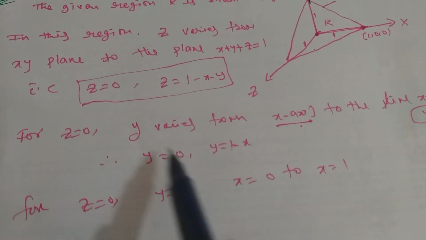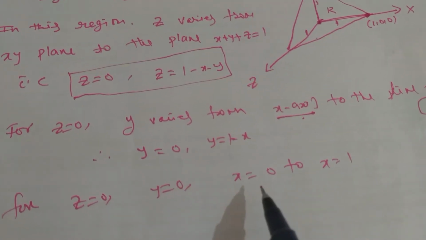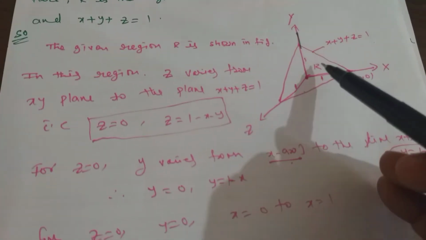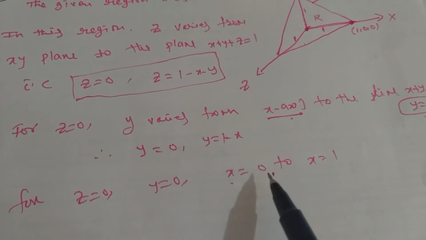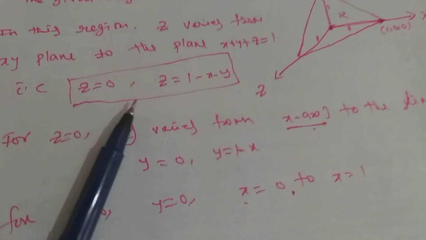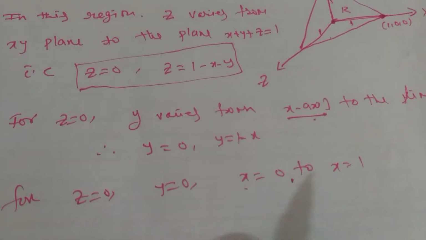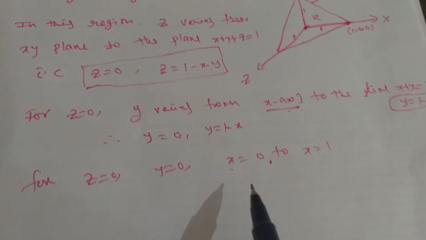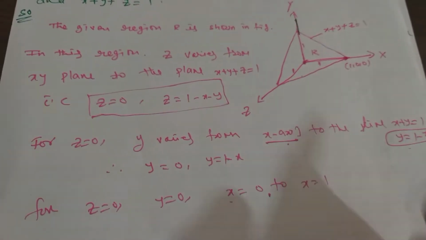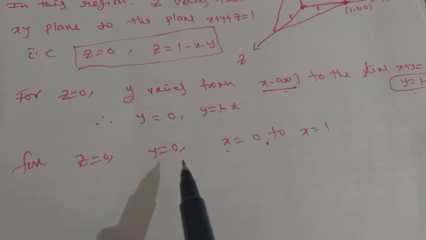All lower limits are 0 because the region is in the first octant. Lower limit of x is 0, of y is 0, and of z is 0, right? And the upper limits of x, y, z are obtained from the boundaries of the region.